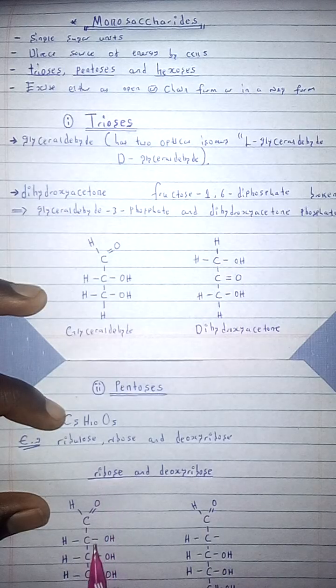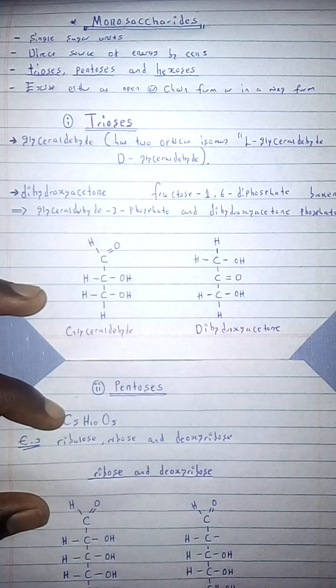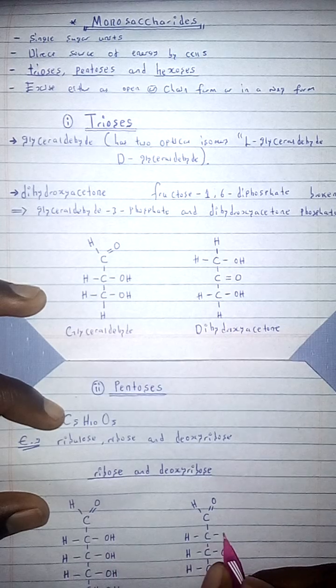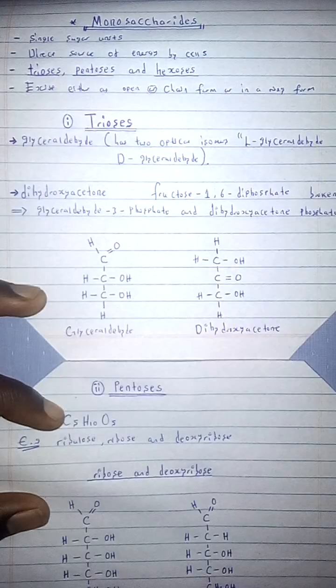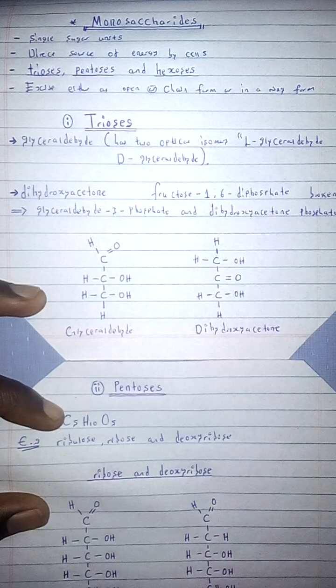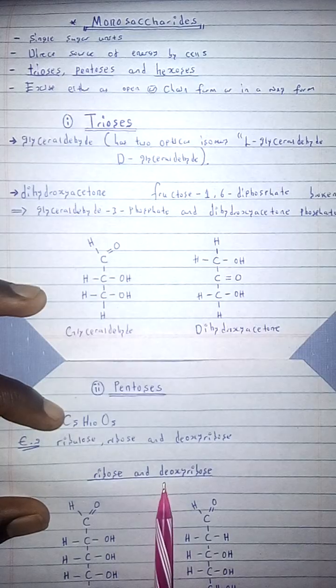And when carbon 2 has one hydrogen atom and another hydrogen atom, so when you have hydrogen this side and hydrogen this side, and this thing has 5 carbons and it's a carbohydrate, then it is a deoxyribose.